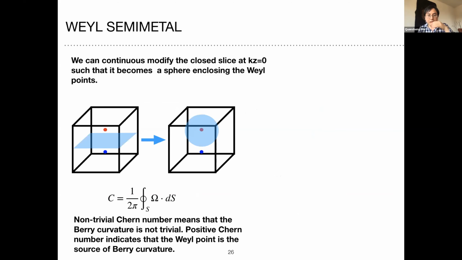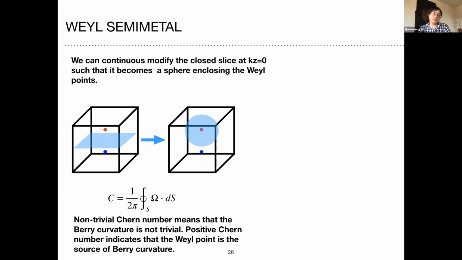Okay. There's another way to choose a closed surface. Let's try to deform this surface a little bit. We move this down, this up, and this up, and then in the end, you can form a sphere to enclose this Weyl point.